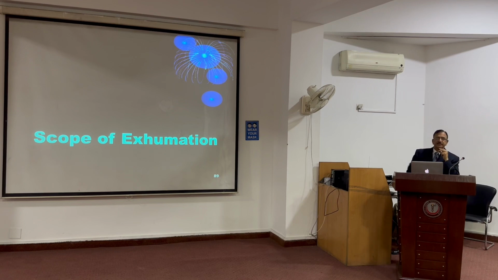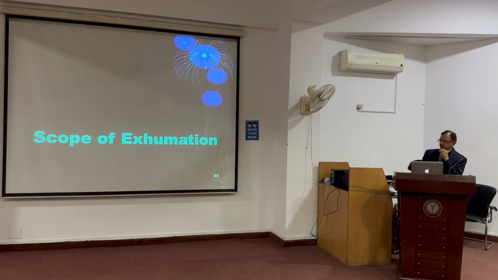And if there is some poisoning which is volatile or which is degradable, that will also be lost. So the scope or the benefit will be only when you find a cause, like the broken bone, you recover a bullet, or you recover a metallic poison. So then it is beneficial.